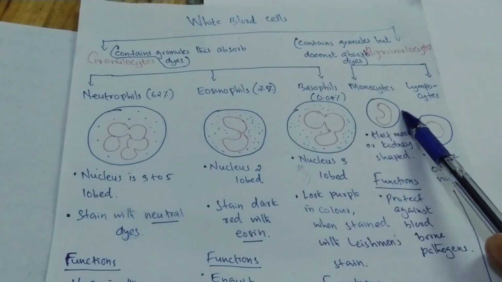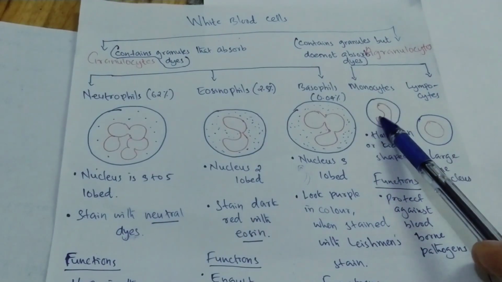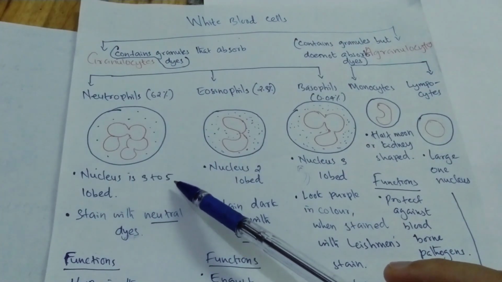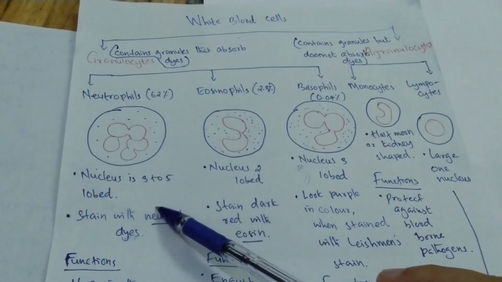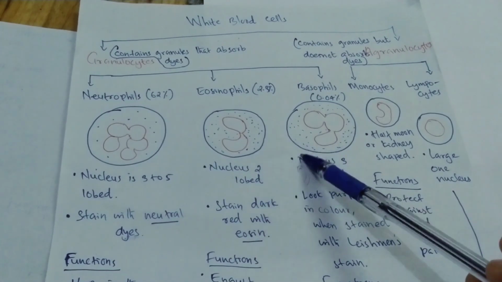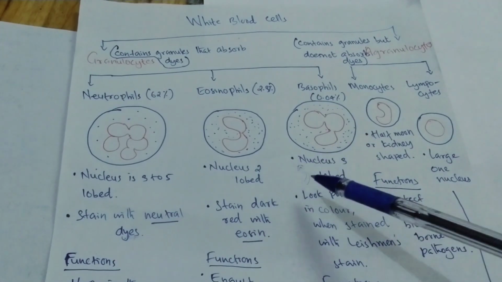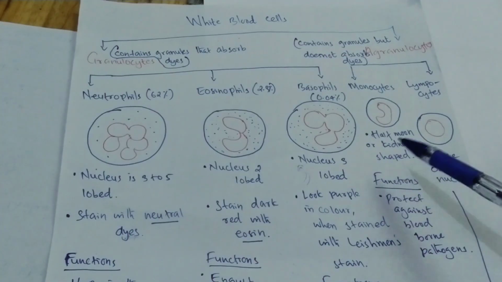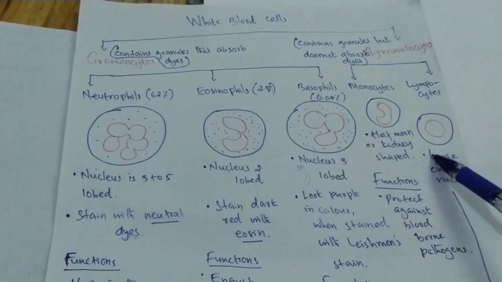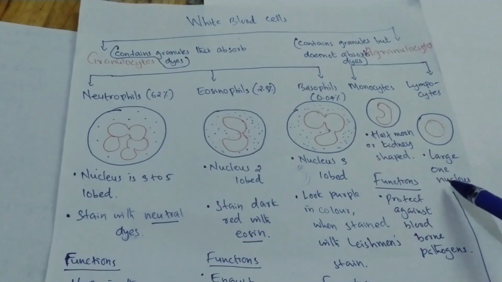And we have two types of agranulocytes: monocytes and lymphocytes. Neutrophils contain a 3 to 5 lobed nucleus, whereas eosinophils contain a 2 lobed nucleus and basophils contain a 3 lobed nucleus. And monocytes contain a half moon or kidney shaped nucleus, whereas lymphocytes contain one large nucleus.